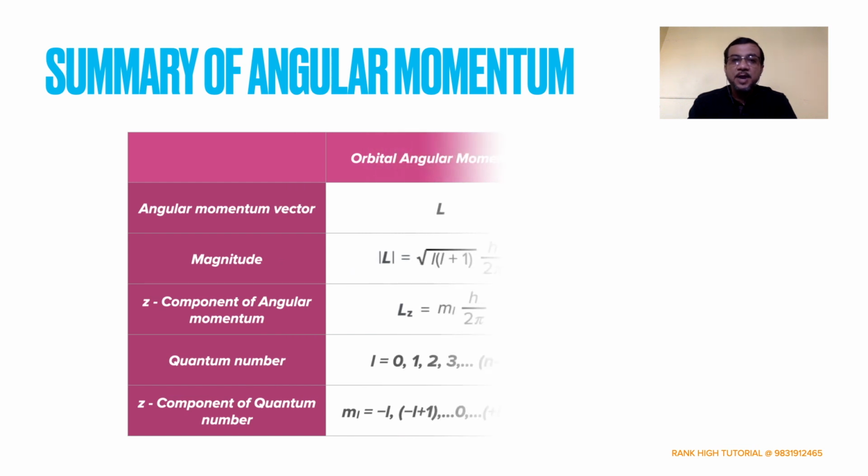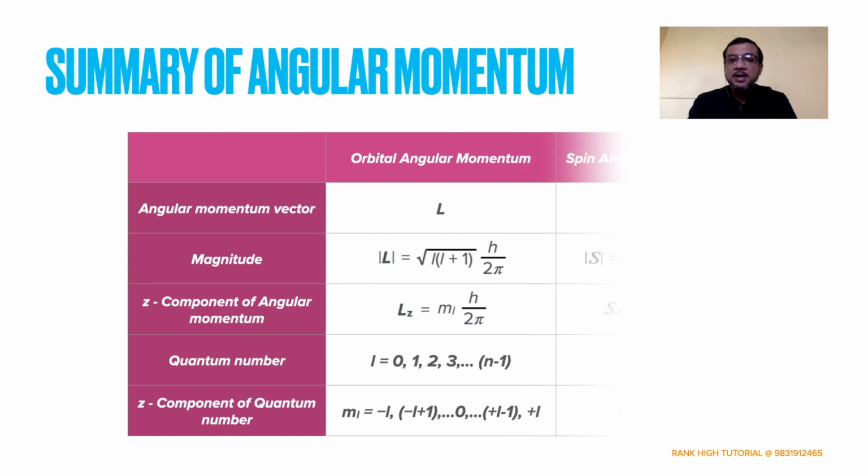The z component of orbital angular momentum is Lz equal to ml into h by 2 pi, and that for spin angular momentum is Sz equal to ms into h by 2 pi.